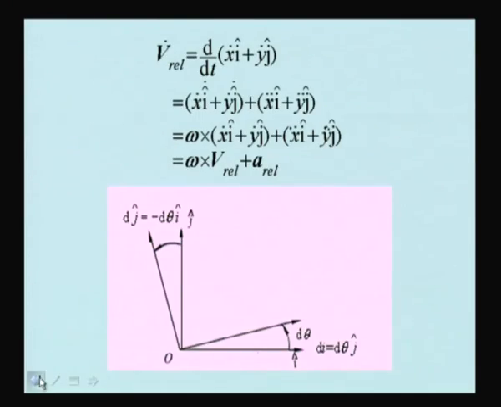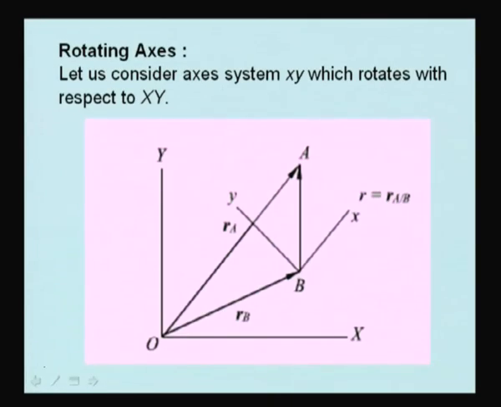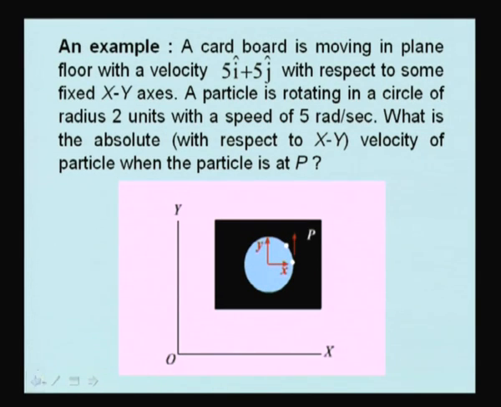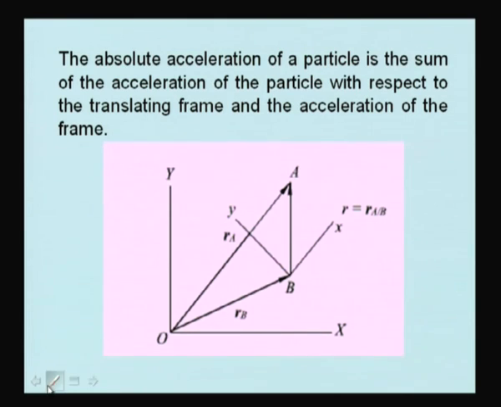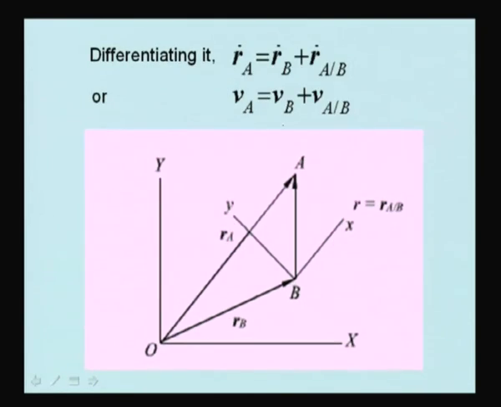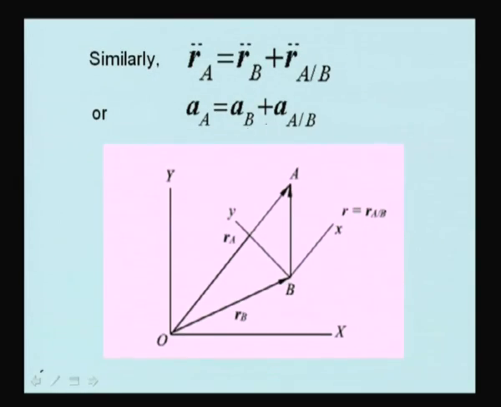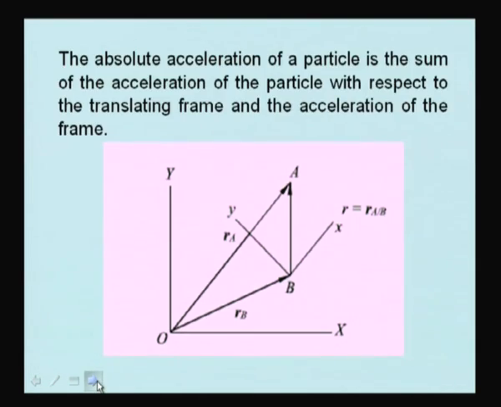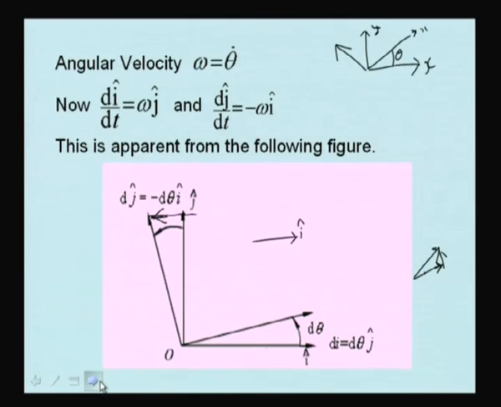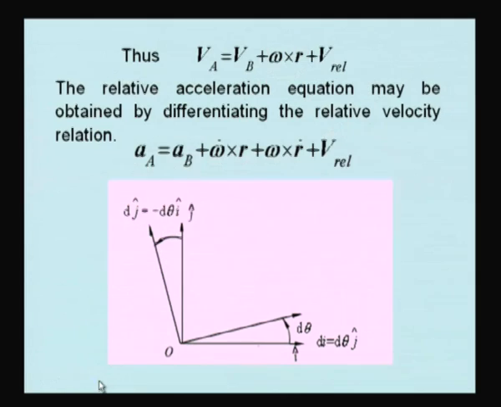We started with the translating reference frame and obtained the simple expressions VA is equal to VB plus VA slash B, and AA is equal to AB plus A slash B. However, if the coordinate system is rotating, we get VA is equal to VB plus omega cross R plus VL.